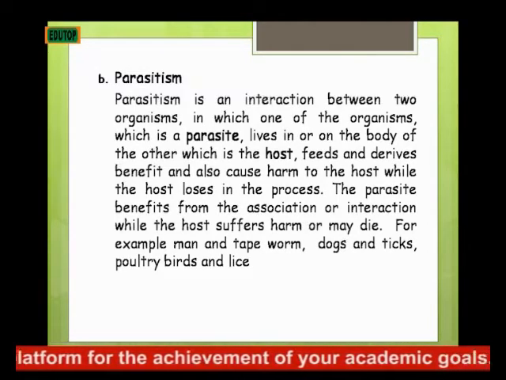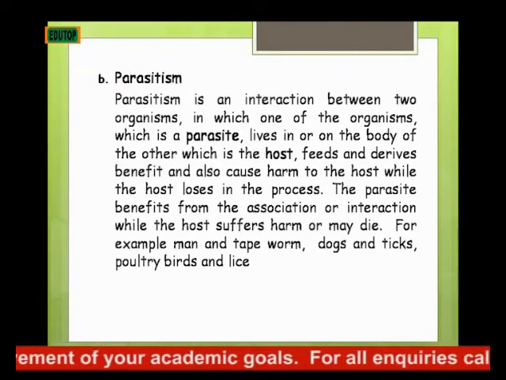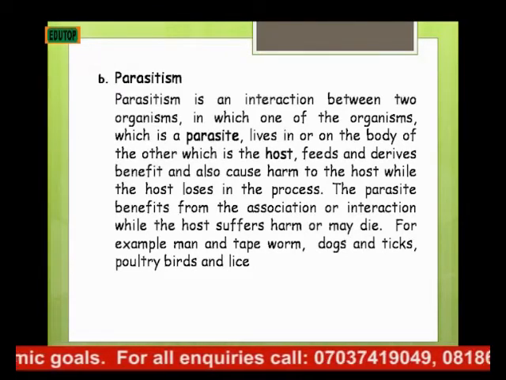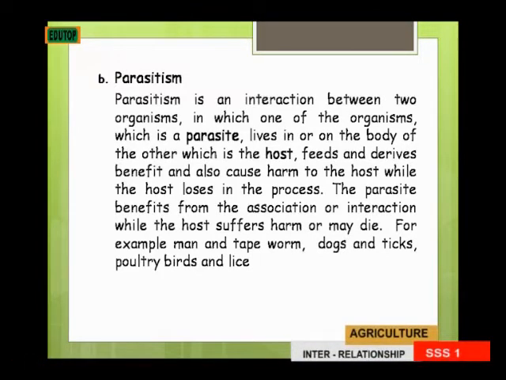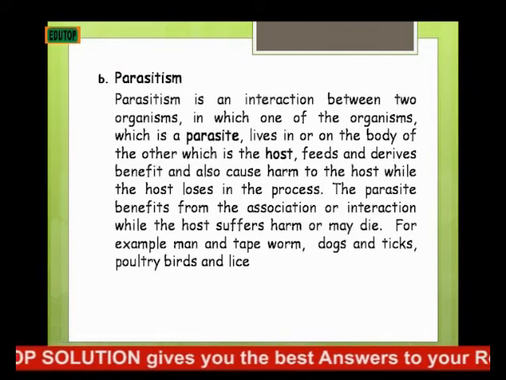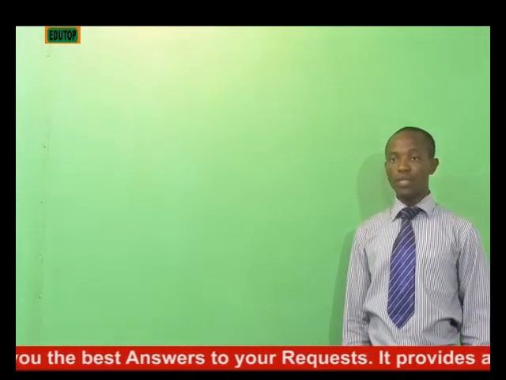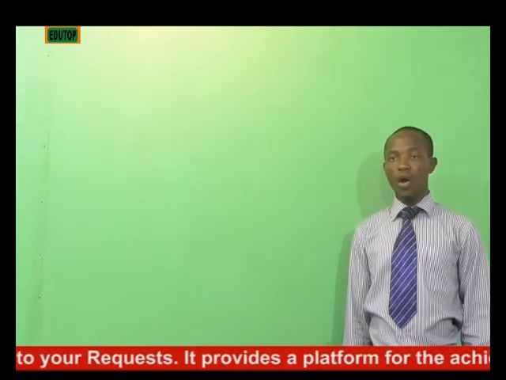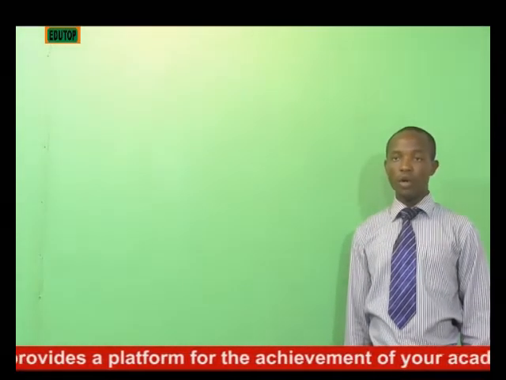It feeds, derives benefits, and also causes harm to the host, while the host does not benefit at all and also loses in the process. That is, the parasite benefits from the association or interaction, while the host suffers harm or may die in the course of the interaction.